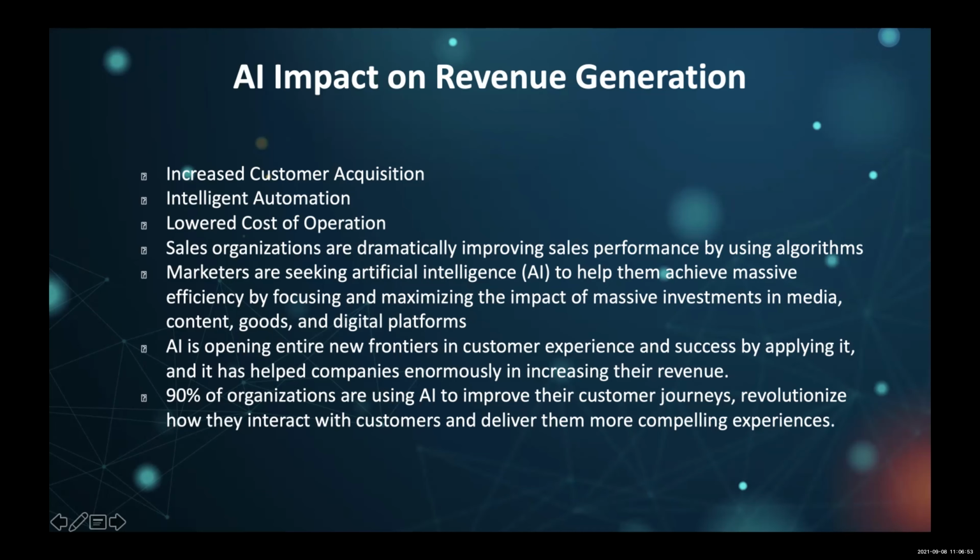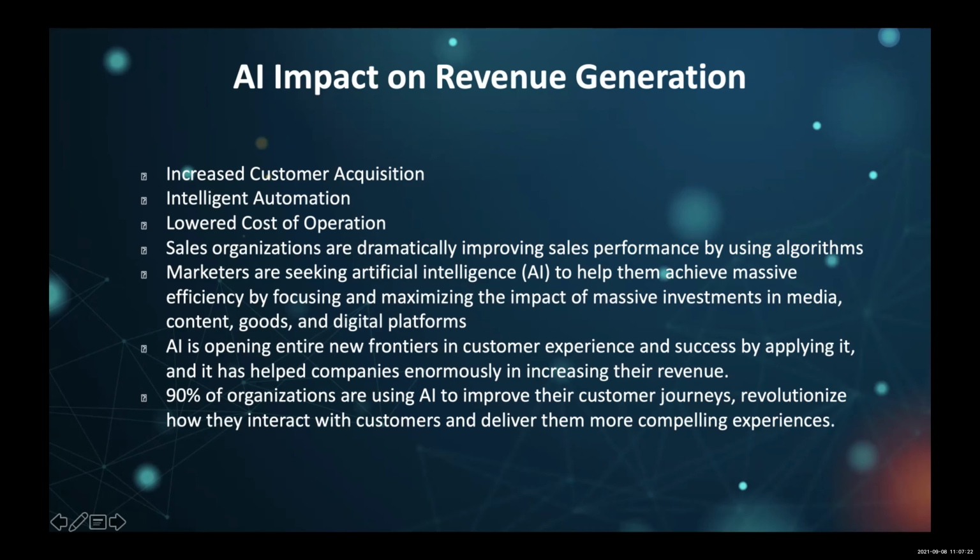By using AI for these customer experiences, they have enormously increased their revenue, as people are very happy with the customer experience the organizations are providing. 90% of organizations are using AI to improve their customer journeys, revolutionize how they interact with customers, and deliver the most compelling experiences they can provide.